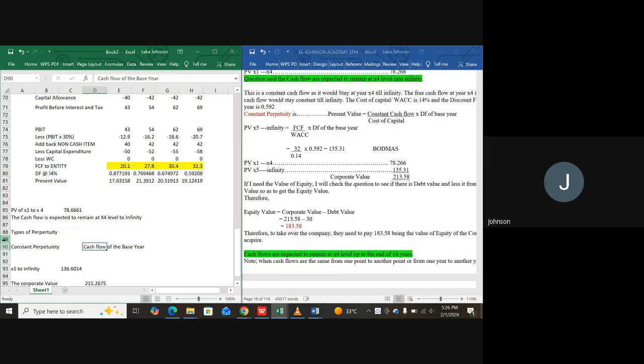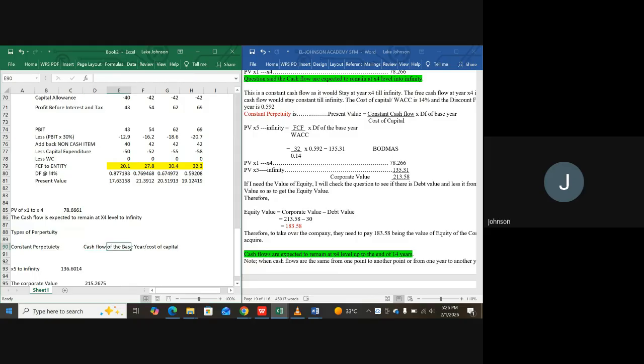Cash flow of the base year. Divide the cash flow of the base year by the cost of capital given to you in the question.